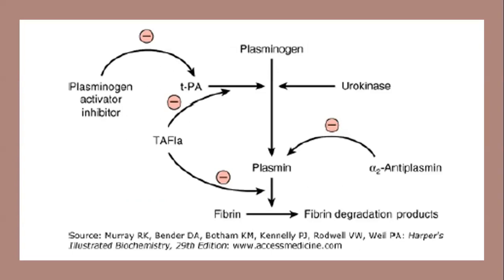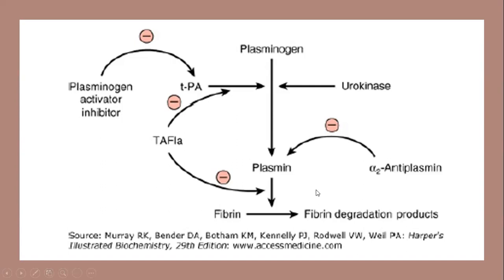So this is just a summary of your fibrinolysis. Your plasminogen would be activated by your tissue plasminogen activator and your urokinase, by cleaving the bond between your arginine and your valine. In that sense, it would be converted into plasmin. Your plasmin would then be incorporated in your fibrin through the lysine residue, forming fibrin degradation products.